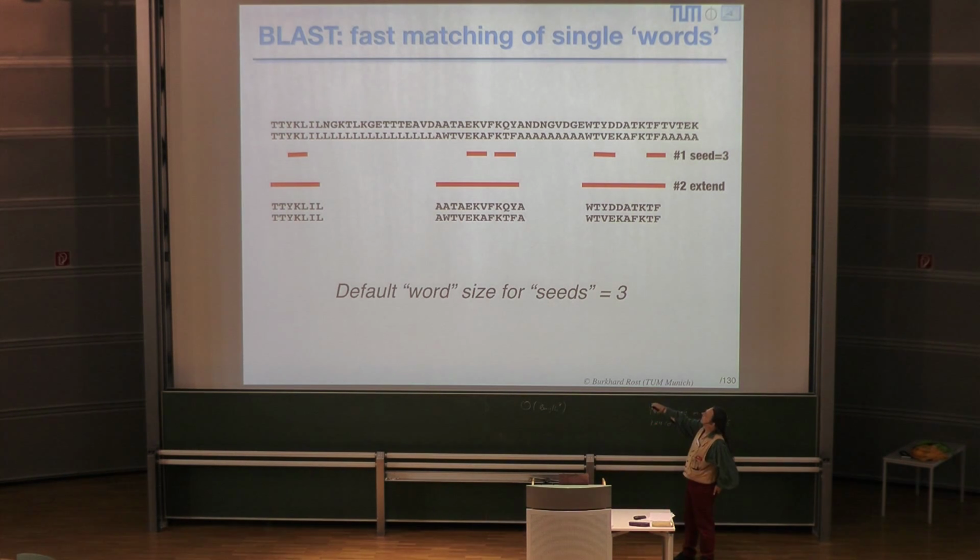By breaking the problem down into small bits, instead of aligning from here to here, maybe 80 residues, instead of squaring 80 here, I square 10. And 80 square and 10 square are very, very different numbers. That's why you can get away with doing the dynamic programming for filling in the regions in between.